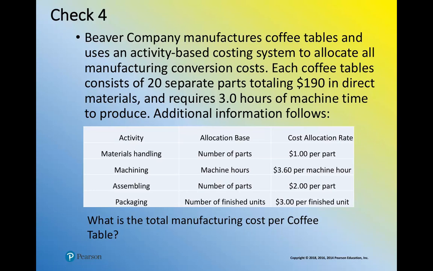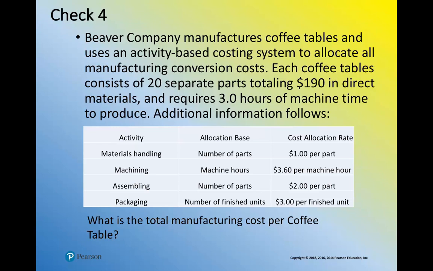Number one is our materials handling activity. Our allocation base is the number of parts, and we're going to allocate $1 per part. It tells us that we have 20 parts, so we're going to allocate $20. Next we have machining.